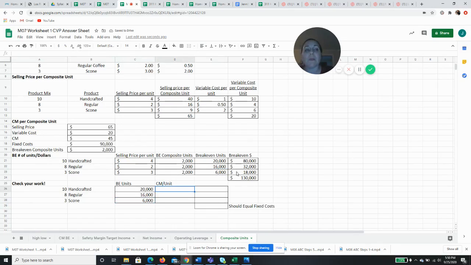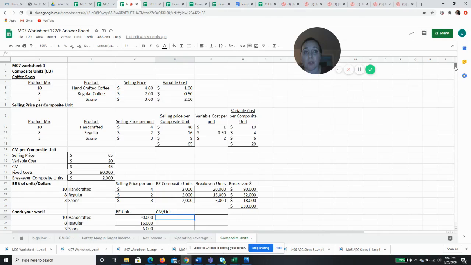And then I'm going to multiply it by our contribution margin per unit, because contribution margin, remember, it covers fixed costs first and then profit. So if we're at break-even, all of the contribution margin that I've made off my break-even units should add up to my fixed costs. So my contribution margin for one handcrafted coffee is sales minus variable costs of 3.